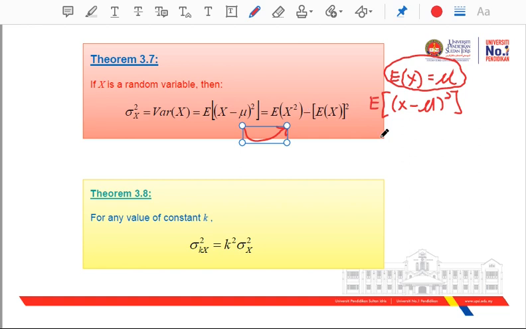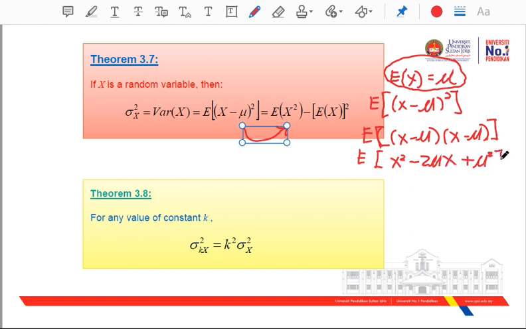So how to get this right hand side? You need to expand that one. This becomes (X minus mu) squared. You just expand this, you will get X squared minus 2 mu X plus mu squared.